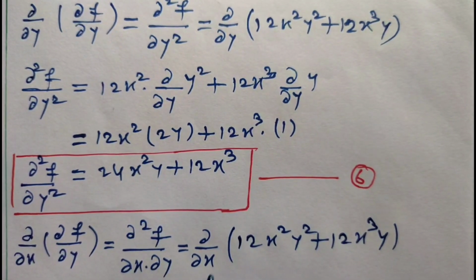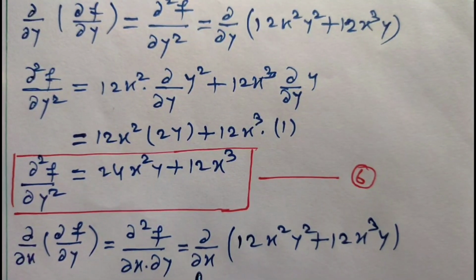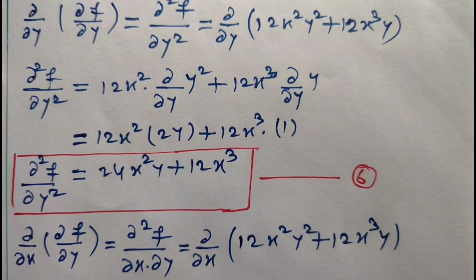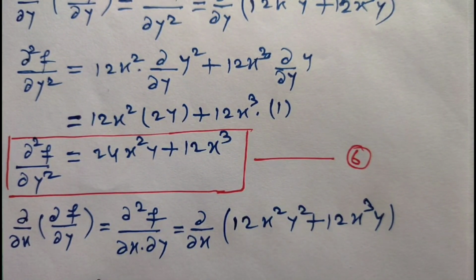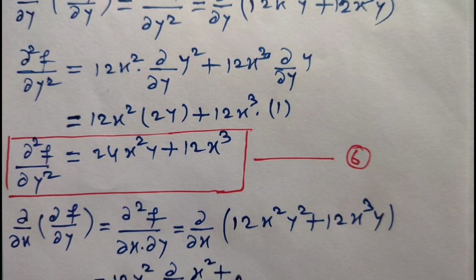Now here we are partially differentiating with respect to x, means 12y square becomes constant coefficient of x square, and here 12y becomes constant coefficient of x cube. So separately applying this partial differential operator on each term, this is equal to 12 times y square into partial derivative with respect to x of x square plus 12 times y into partial derivative of x cube with respect to x.